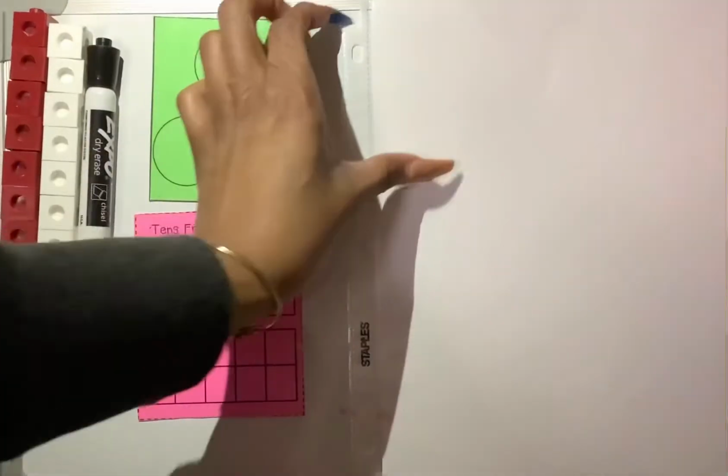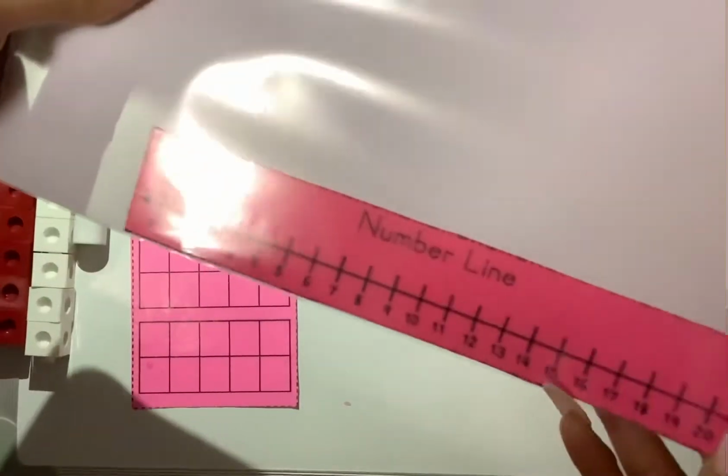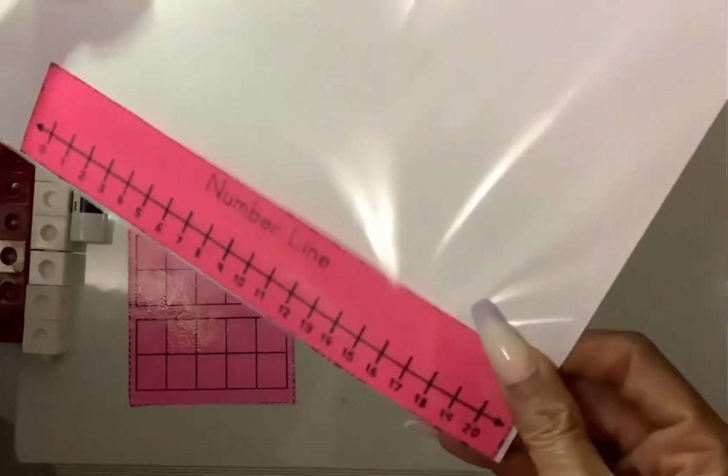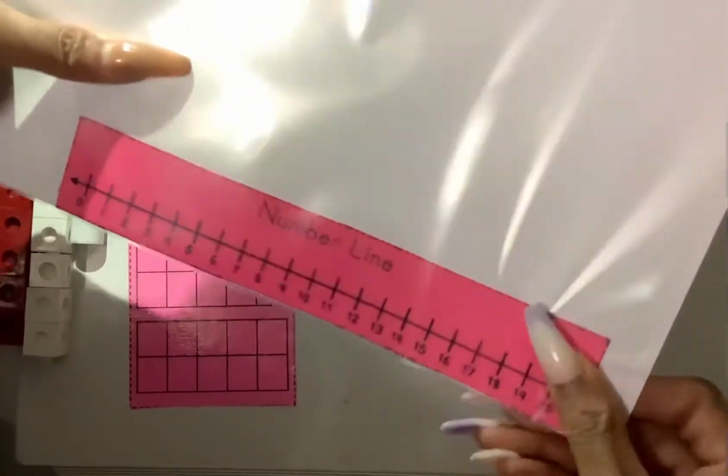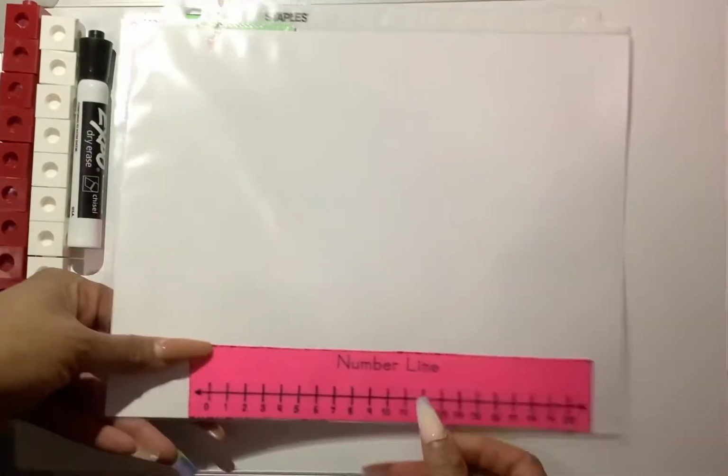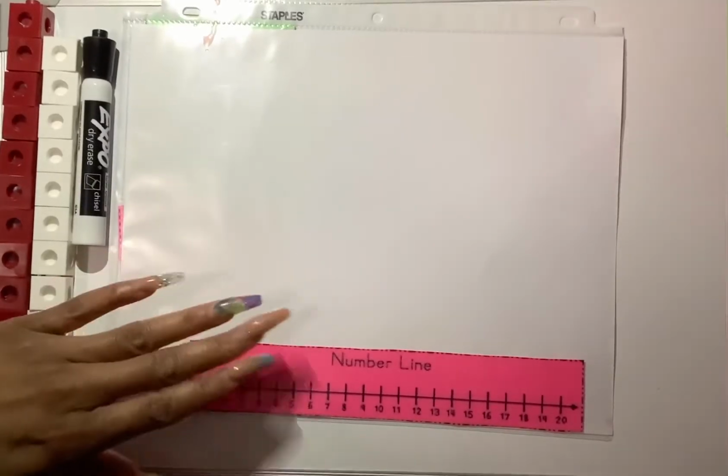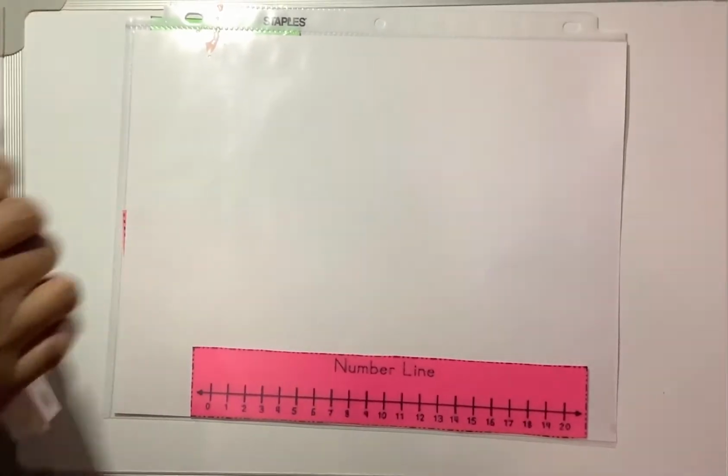And I have my whiteboard here. I know a lot of you have your whiteboard, so I'm going to teach you a little trick. I am going to put my number line inside the sleeve of my whiteboard like this. So now I have a full chart right there.